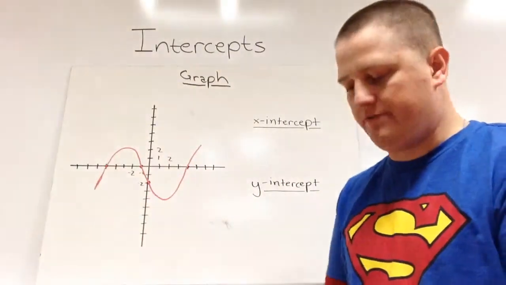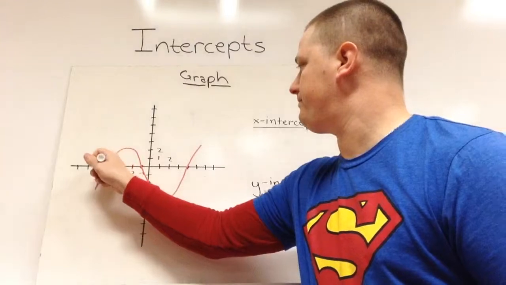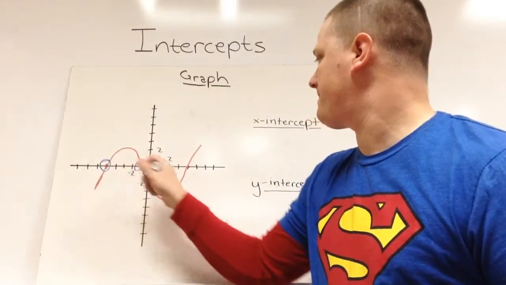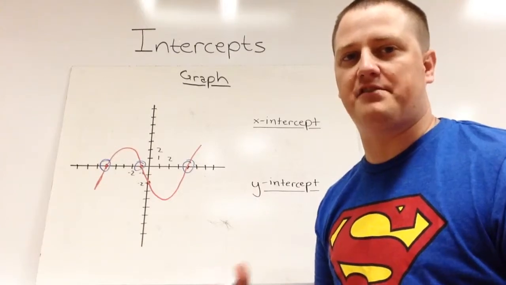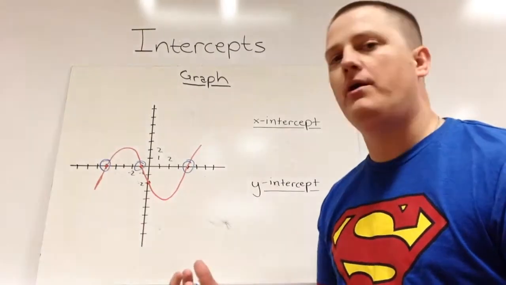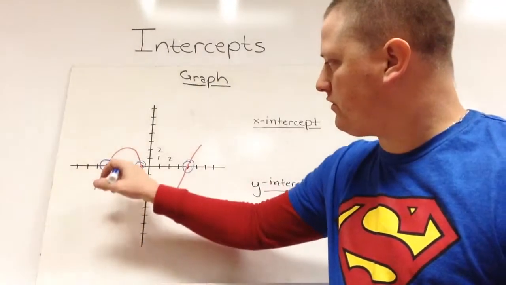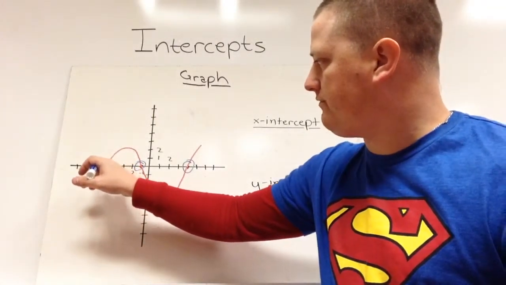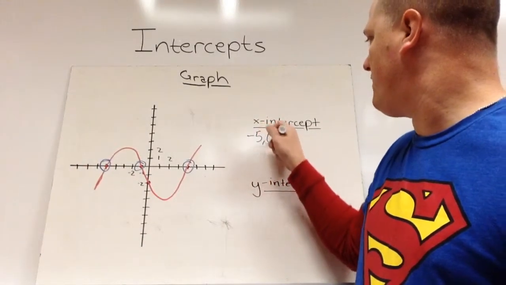So here, if you notice, we have 3 x-intercepts. The 3 locations where it crosses the x-axis would be x-intercepts. So what we want to do is write down those ordered pairs. This first one looks like it is at -5, 0.